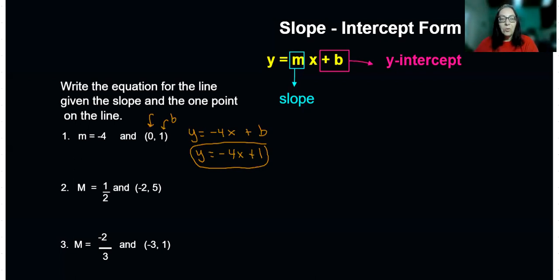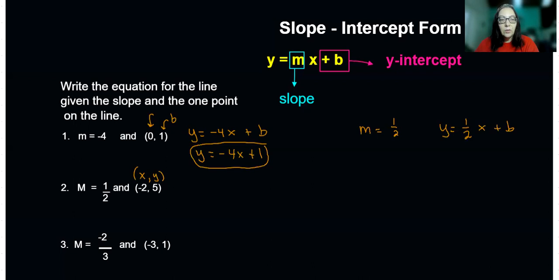We have m equals 1/2, and the coordinate pair is (-2, 5). So m equals 1/2. So let's start to write our equation. y = 1/2 x + b. And we're given a point. We're given an x and a y. So let's take that x and y and put it in for x and y in our equation.